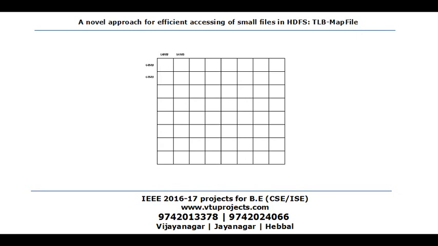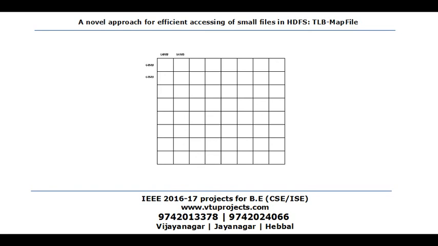If you look at this diagram, this is the memory representation of Hadoop. Say that particular machine has, for example, 500 terabytes of hard disk. That hard disk will be divided into 64 MB blocks like this.